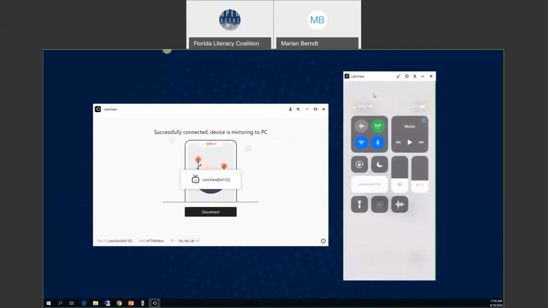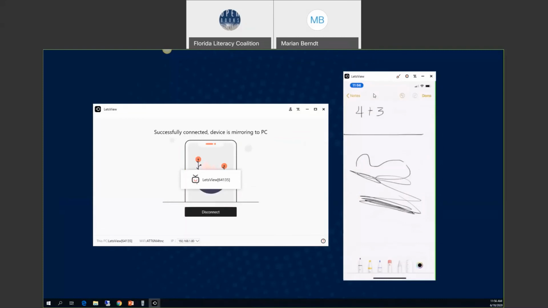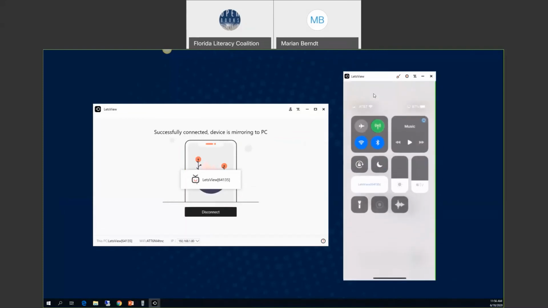I have opened up this little settings area where you can turn your Wi-Fi and your Bluetooth on and off. And there is a button here that says screen mirroring. It doesn't say it right now because right now it says Let's View, because I'm connected to Let's View. So somewhere in your iPhone, you will have to enable screen mirroring, and that is what you are doing.